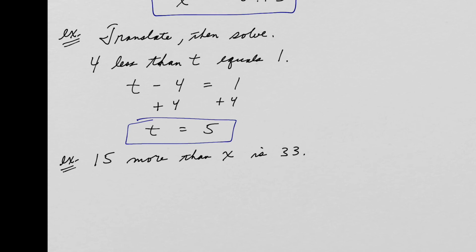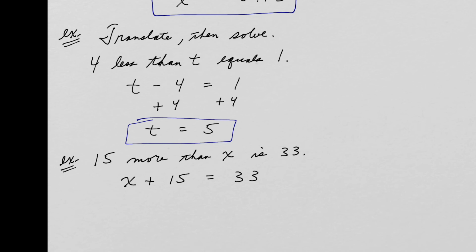But to keep it consistent with the previous one, when I have 4 less than t, it really means t minus 4. So 15 more than x, I'm going to write it as x plus 15. Okay, I'll start with the variable plus 15, even though with addition, it doesn't really matter what order we write those in. Is, so equals, and then 33.